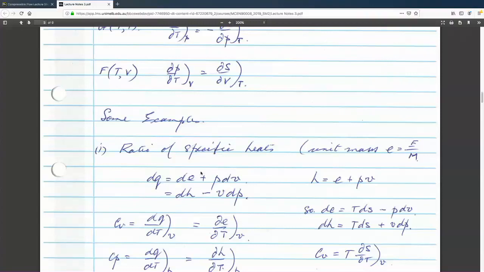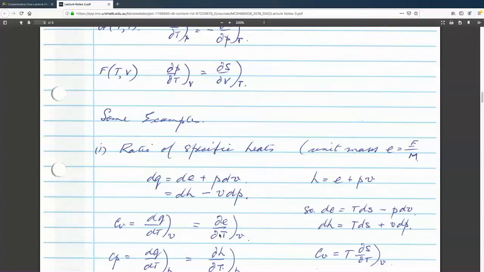From the first law, dq is dE plus pdV. If I hold the volume fixed, then I don't have this term, and so dq will be the change in internal energy.